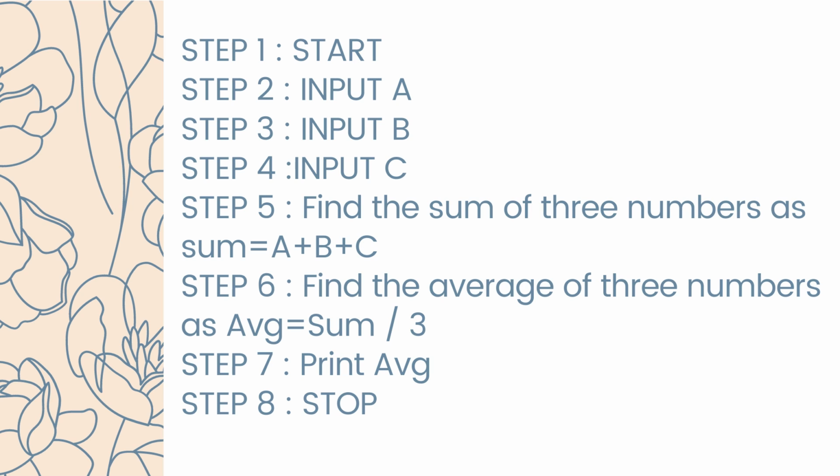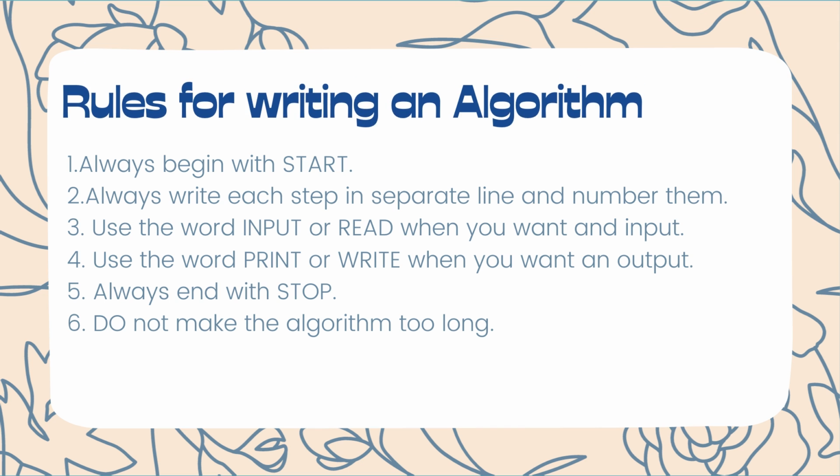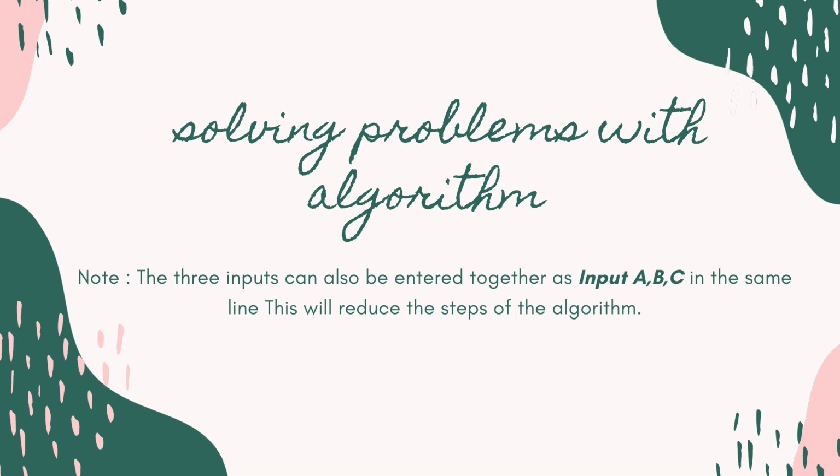Here we have divided them as step 2, step 3, step 4. In order not to make the algorithm too long, we can write it in the same line. This will reduce the steps of an algorithm. So there is a possibility of writing the input in the same line. You can write it. Okay.